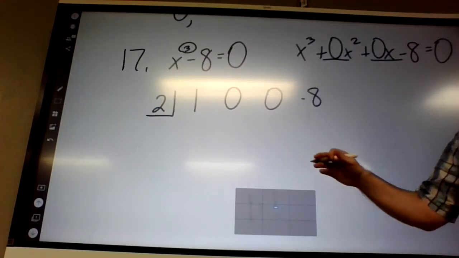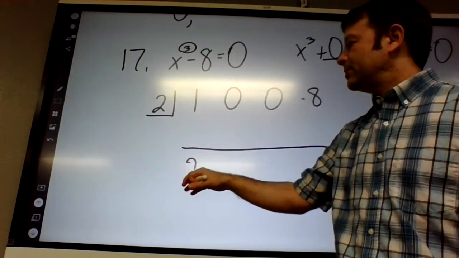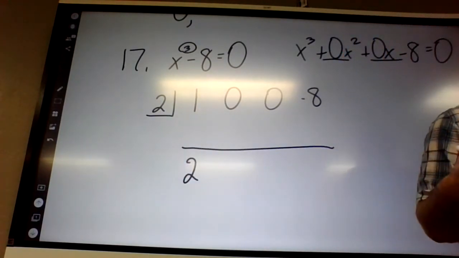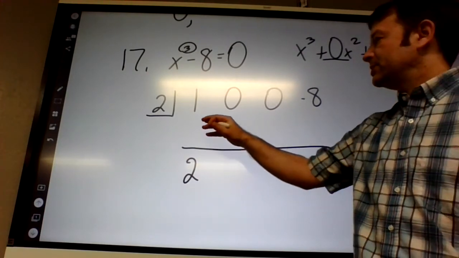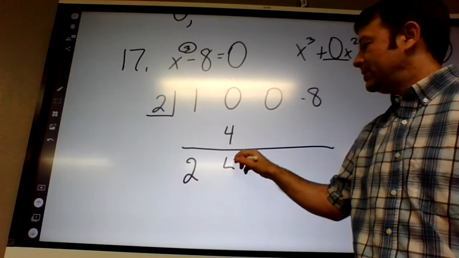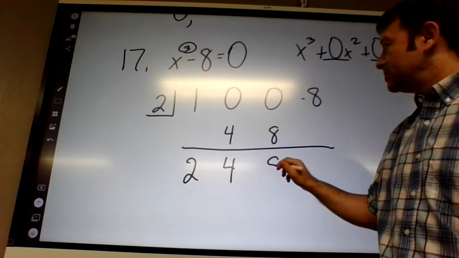Okay, so then we do our magic trick here, add down. Now if we did it right, this should come out as 0 at the end because we want it all to equal 0. Times 2, add down, times 2, add, oops. Oh, I did something wrong.